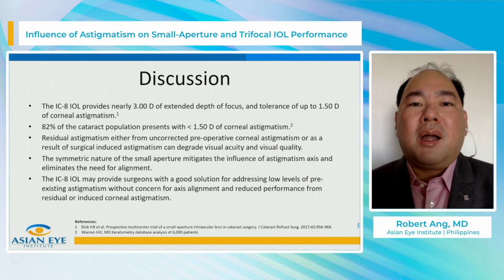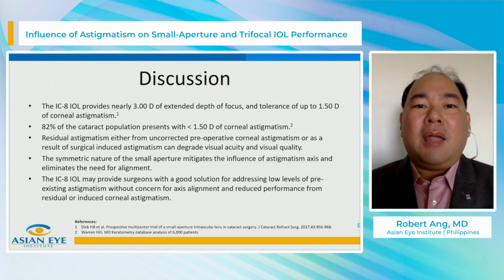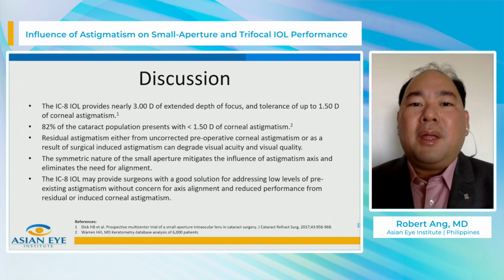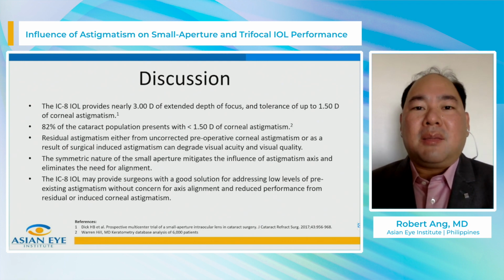So there's a big market for low toric IOL correction and residual astigmatism, either from uncorrected preoperative corneal astigmatism or as a result of surgically induced astigmatism. We see in this study that astigmatism degrades visual quality and visual acuity. And the symmetric nature of the small aperture IOL mitigates the influence of astigmatism axis.